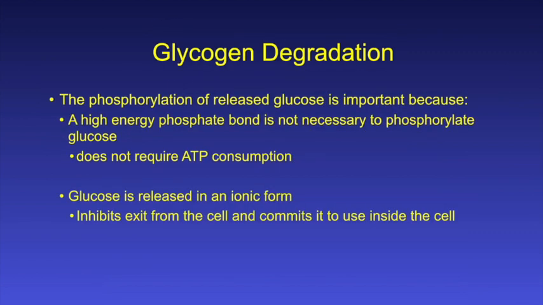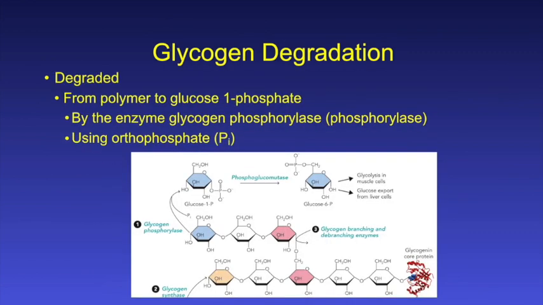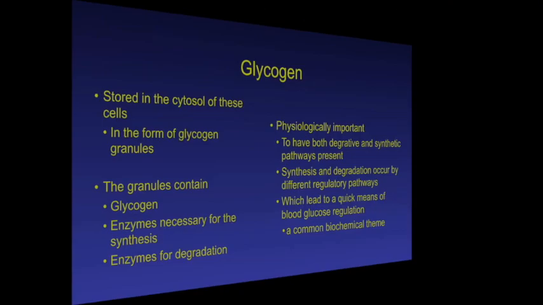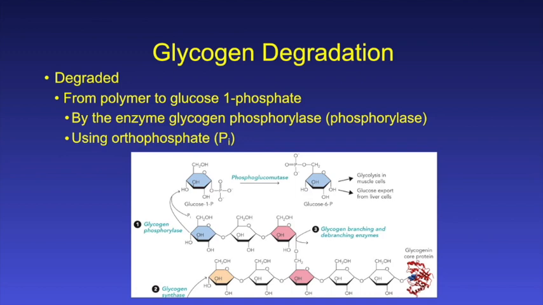we have glycogen, and glycogen is a very large polymer that has lots of alpha-1,4 bonds, but every so often, on average 10, we have an alpha-1,6 branch point.